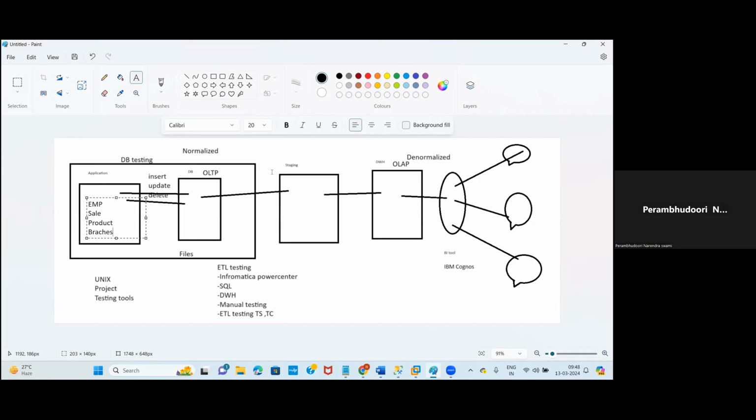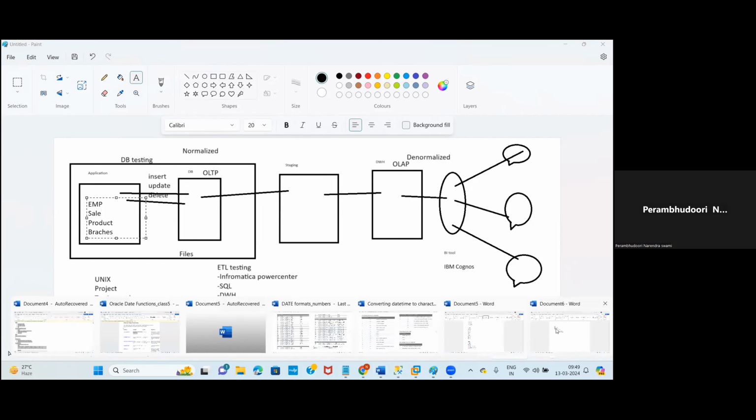In case you want to analyze your employees' details, such as how many salaries I am paying, how many recruitments will happen in the next few years, and where we will add or reduce employees, you have to analyze the employees data irrespective of sales, products and branches. In that case we need only the employees data and not the other business areas' data. So we load only the employees data into a separate data warehouse. That is known as a data mart.